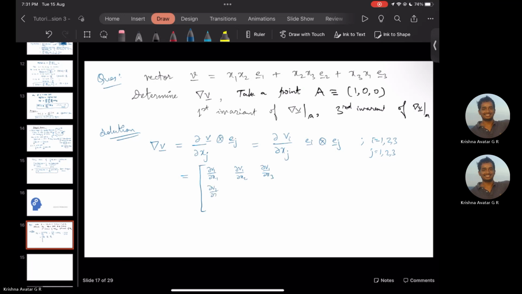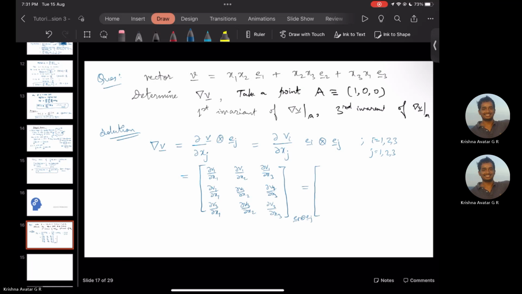Likewise, partial v2 by x1, v2 by x2, v2 by x3, and v3 by x1, v3 by x2, v3 by x3. And this is ei and ej, because ei and ej are the canonical basis, right?